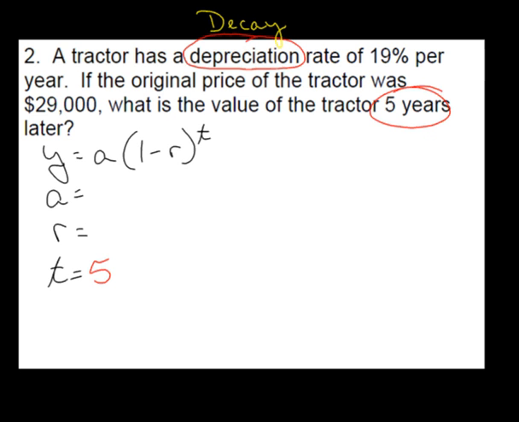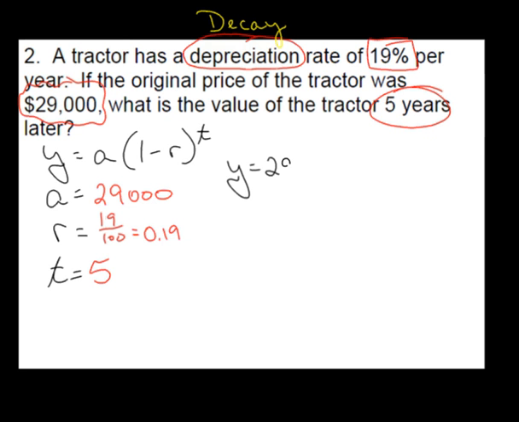R, they told us it is 19%, so I'm going to put 19 over 100, which gives me 0.19. And our A is right here, $29,000. I go and substitute these in, so y equals $29,000 times 1 minus 0.19 to the power of 5.